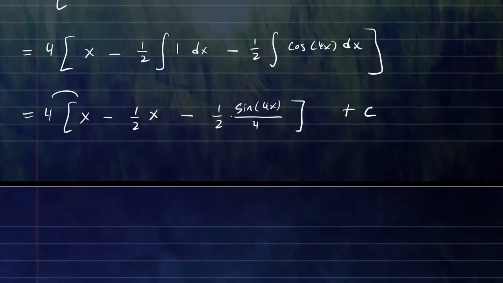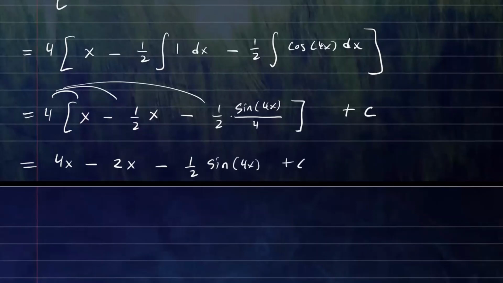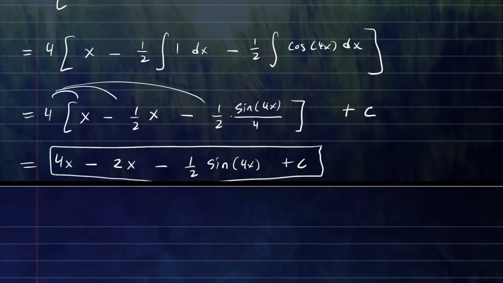We distribute the 4 and simplify, and if you want, you can combine these as well. We have 4x minus 4 over 2 x, which is just 2x, minus, and the 4 and the 4 from the bottom of sine 4x cancel, so you'll just have 1 over 2 sine of 4x plus c. So that is our answer to this integral.